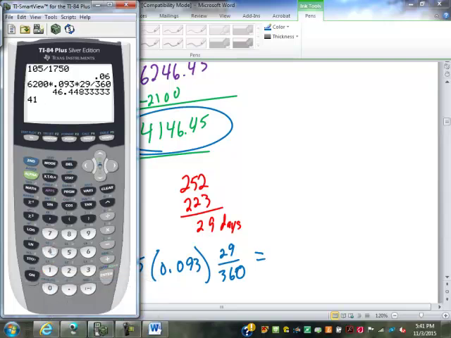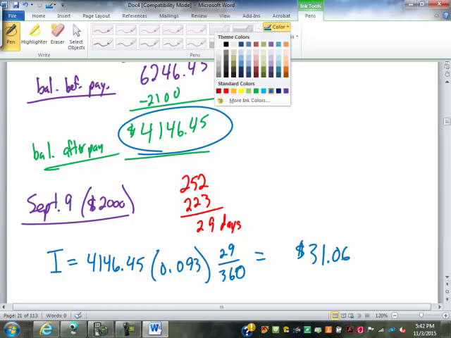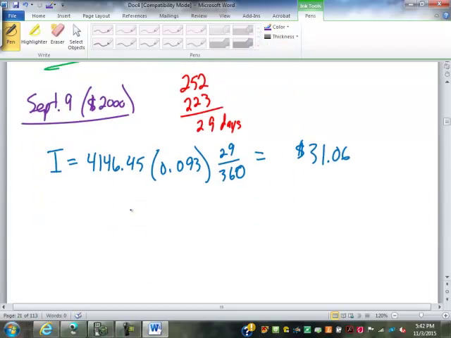So 4,146.45 times 0.093 times 29 divided by 360 is $31.06. So that gets added to our balance before the payment gets made.